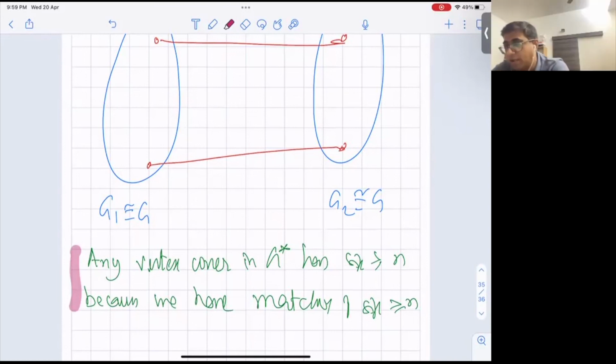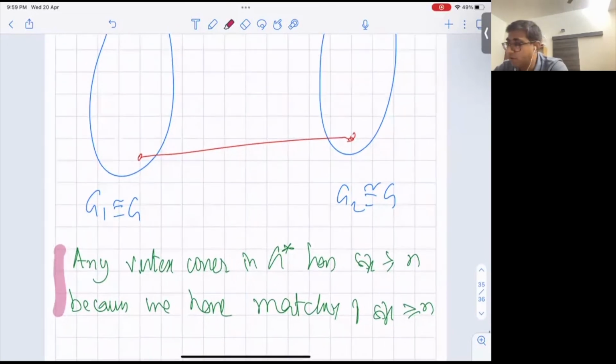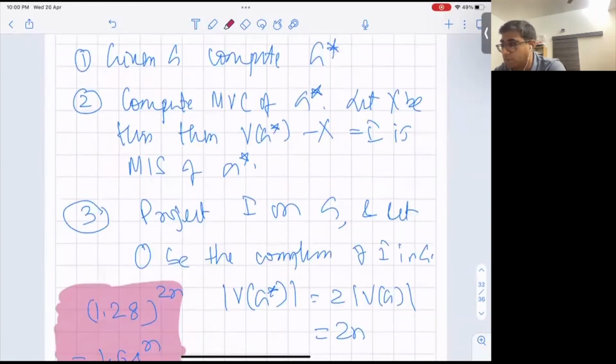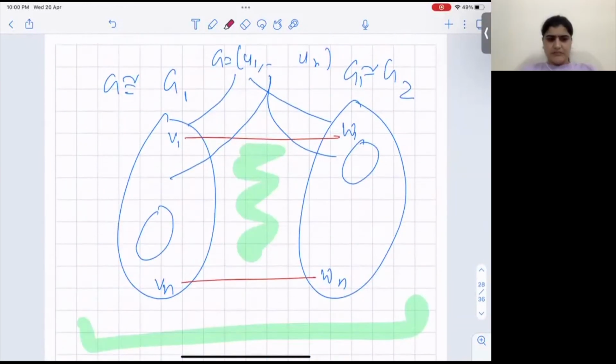Does this remind us of a problem we wanted to solve? Does it ring a bell? Something we have discussed before, not an algorithm, the problem.